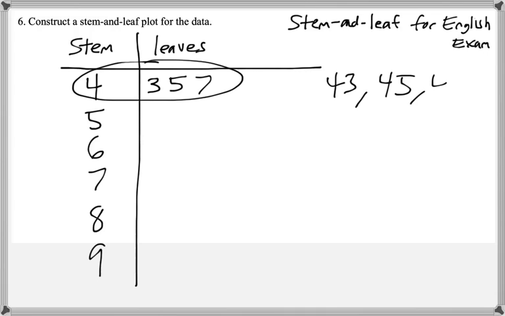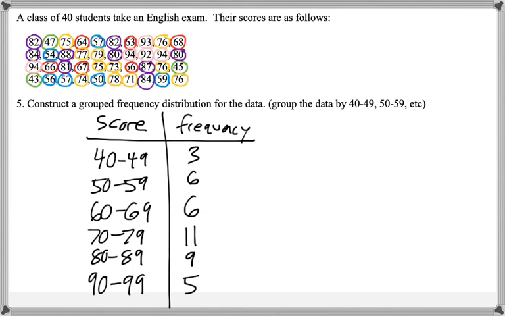45, and 47. Next, we want to look at the 50s, and we have 6 values in the 50s, and in order that would be 50, 54, 56, we have 2 57s, and then we have 1 59.